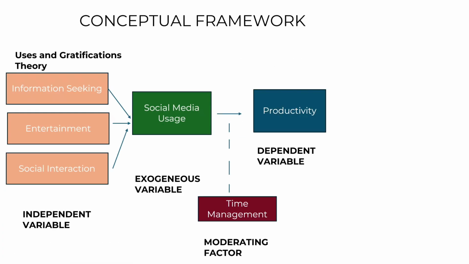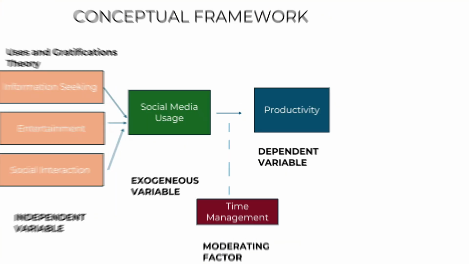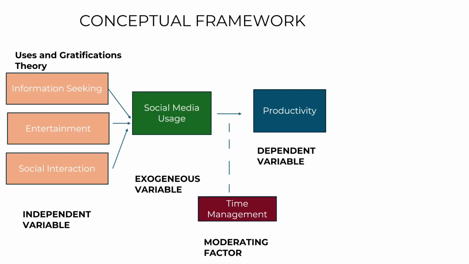Another example is a conceptual framework with a moderating factor. We already defined a moderating factor as a factor that influences the strength of the independent variable on the dependent variable. So similar to the previous one, these factors influence social media usage, and social media usage leads to productivity.